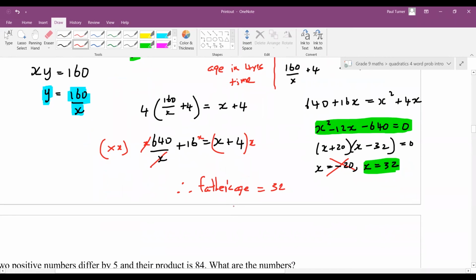The son's age is 160 on 32, which is 5. So the son's age, 160 on 32, which is here. So that equals 5 years old. And the father is 32 years old. So that's how you do that problem.